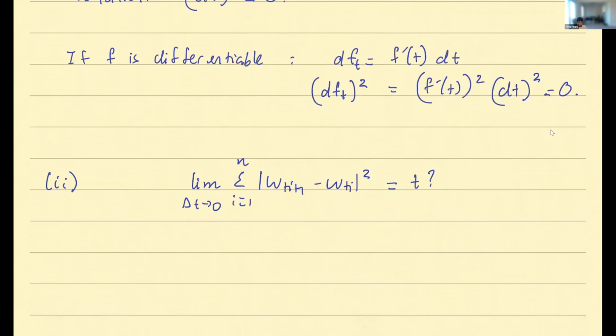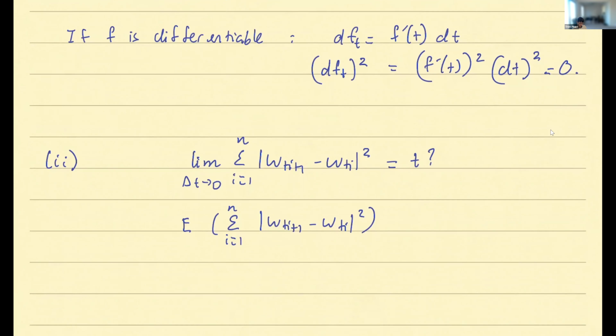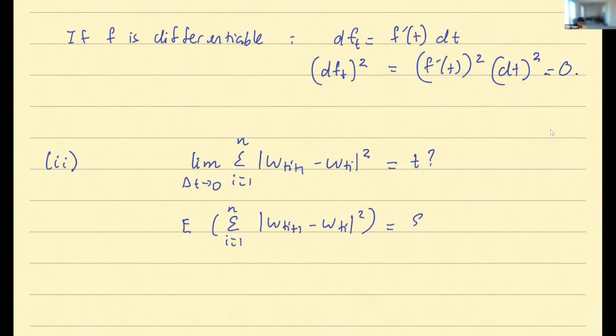So I'll do something like this first. Let me just take expectation, before I take the limit. If I take expectation, then I can pass expectation inside. And what is this? What is this expectation?